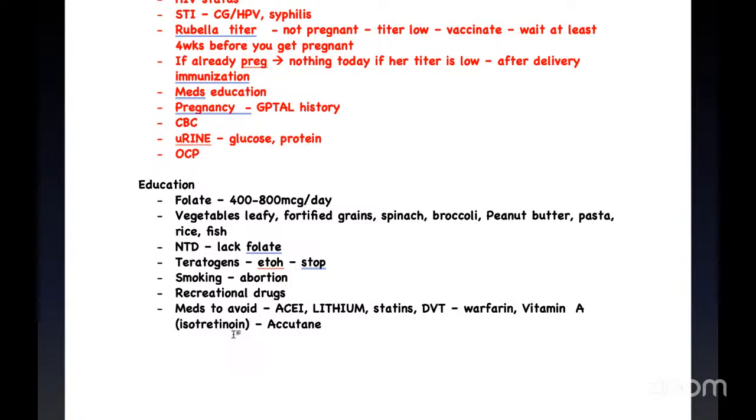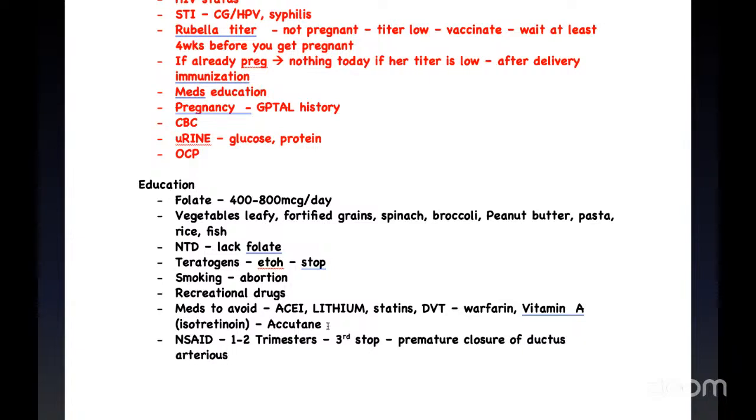NSAIDs are tricky. You have to know this content, right? First and second trimester is okay. But when you get to the third trimester, stop it, because it leads to premature closure of the ductus arteriosus.